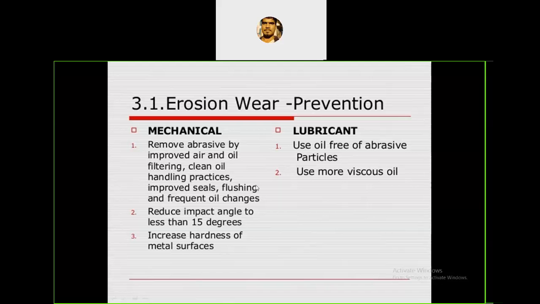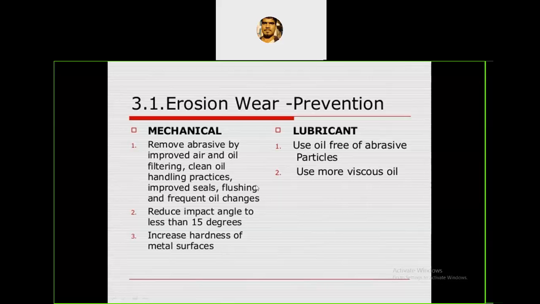So these are the mechanical ways. And the lubricant way is to use oil free of abrasive particles. That's one thing. The oil should not contain any foreign particles. And use more viscous oil. If it is more viscous, what happens? Yes, it will avoid the wear. It will separate the two surfaces.